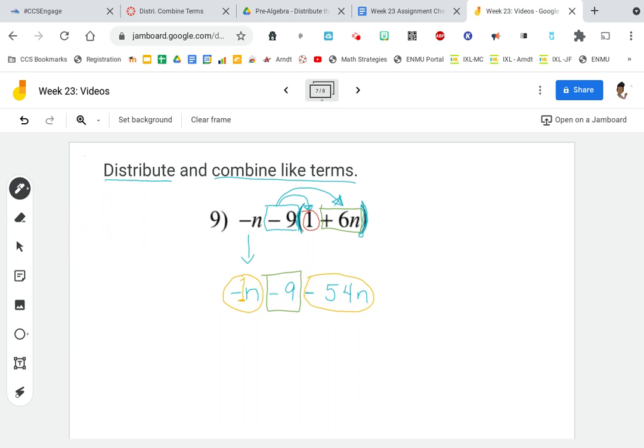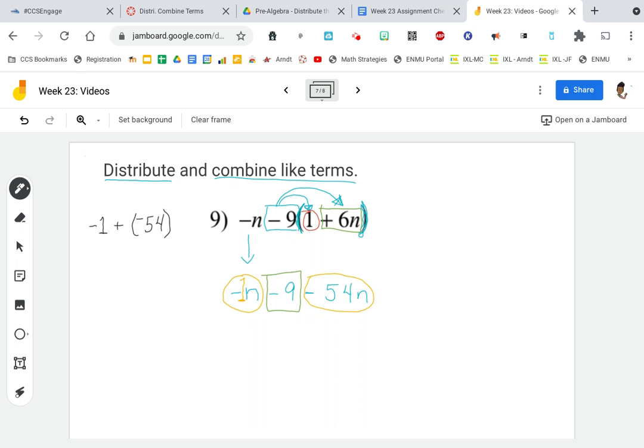So I'm going to combine like terms. I need to look at the coefficient of the first term, which is -1, and combine it with, which means to add it to, the coefficient of that last term, which is -54. But I have to know my rules.